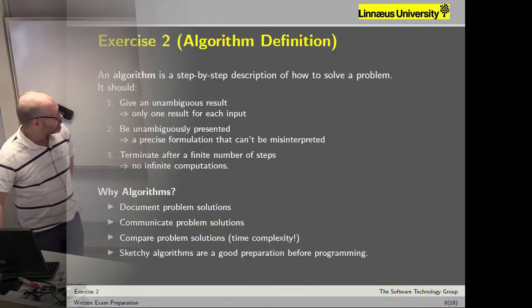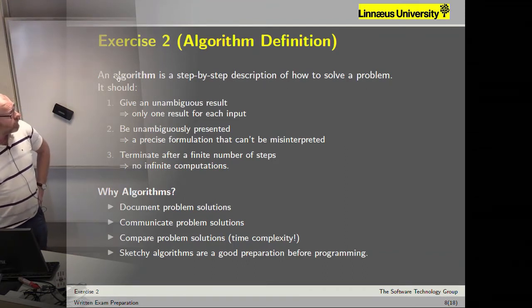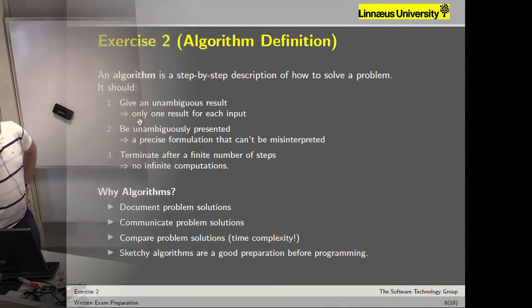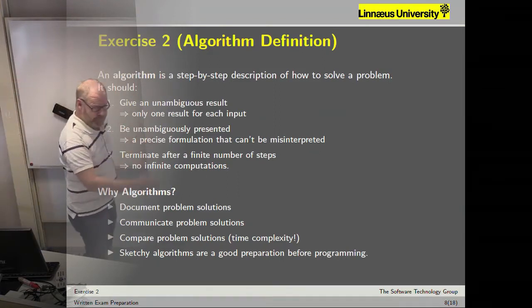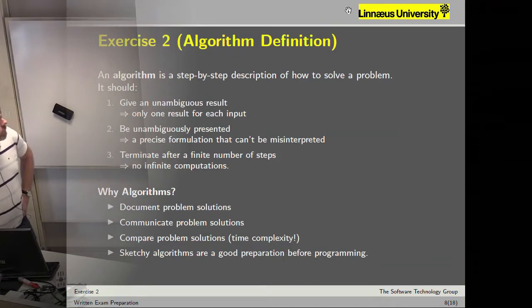Terminate was one of them. An algorithm is a step-by-step description of how to solve a problem. It should give an unambiguous result. It shouldn't say 1 or 2. It should point to say, given this input, this is the answer. It should give one and only one result.